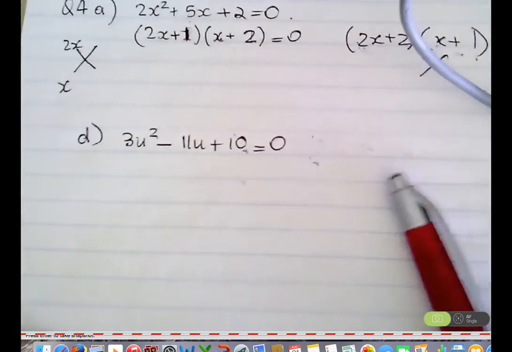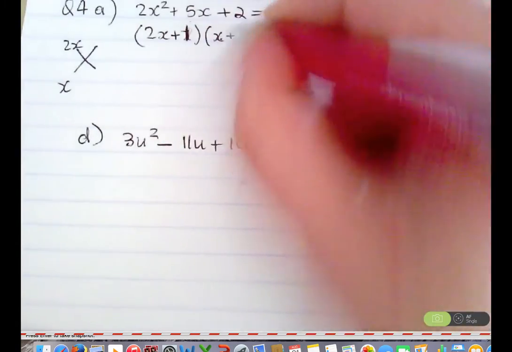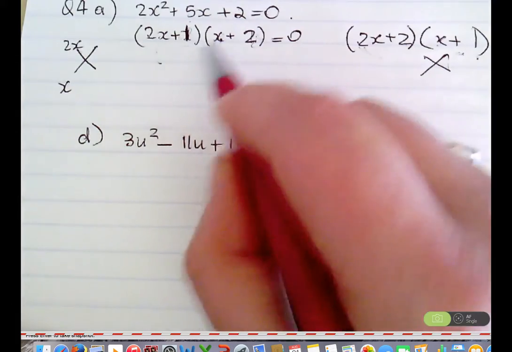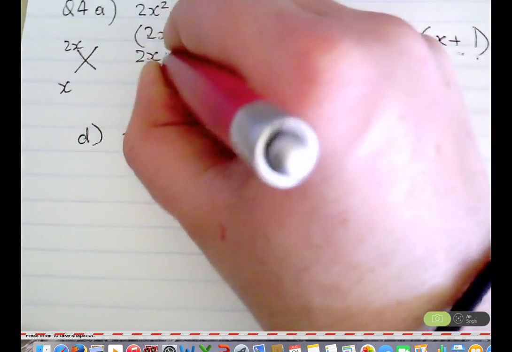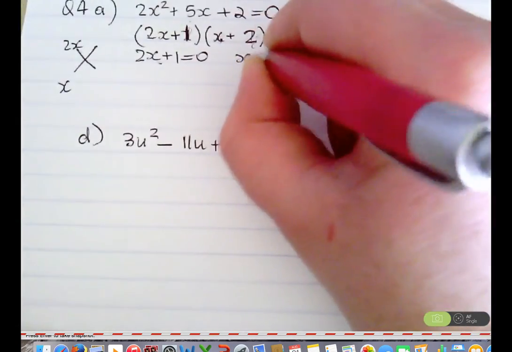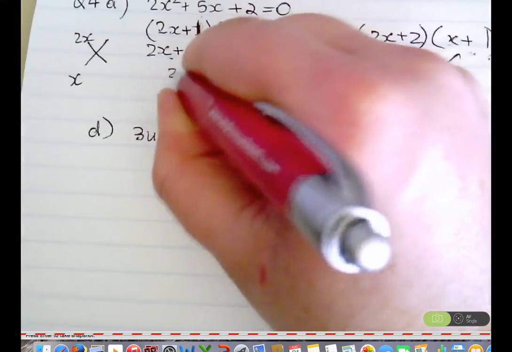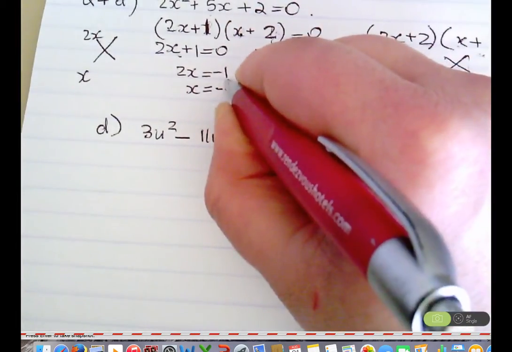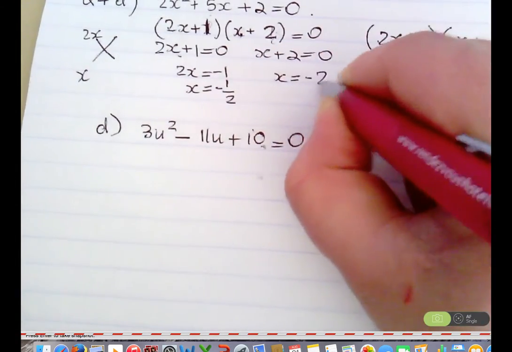That's wrong. So I look over here and I try the 1 here and the 2 there. 2x squared plus 4x plus 1x, that's plus 5x plus 2. You okay? 2x plus 1 is 0, or x plus 2 is 0. What have I got here? 2x is negative 1, x is negative a half, x is 2.